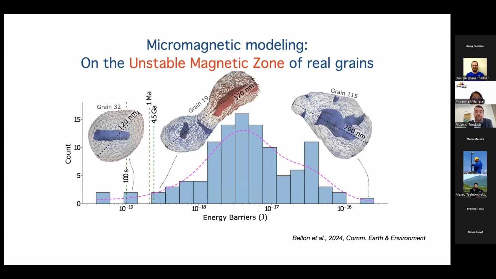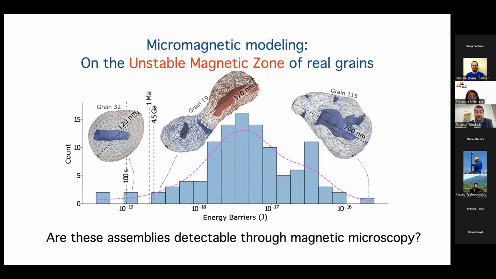Here we have tested this with several different grains with different shapes and sizes, and we see that a very minor proportion of our grains fall in the unstable magnetic zone.